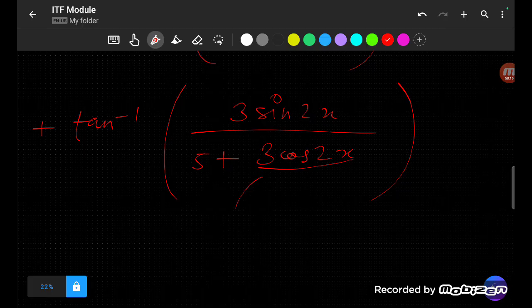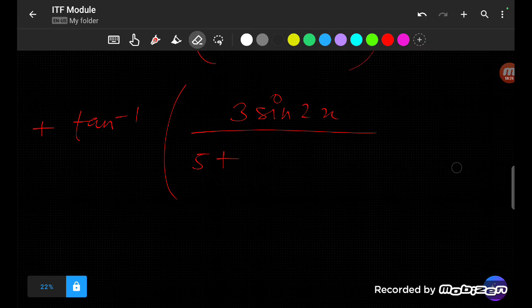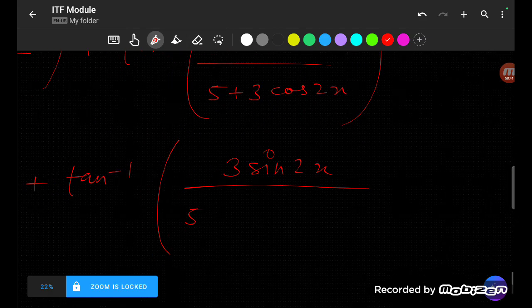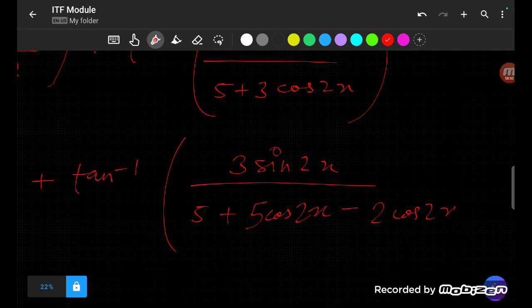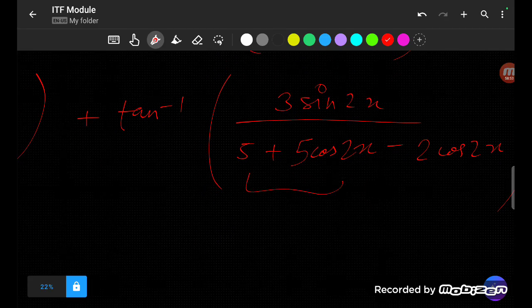Right, we can just write this as maybe something like this, or maybe we could just write this as 5 plus 5 cos 2x minus 2 cos 2x, something like this, and then this is just 5 into 1 plus cos 2x.